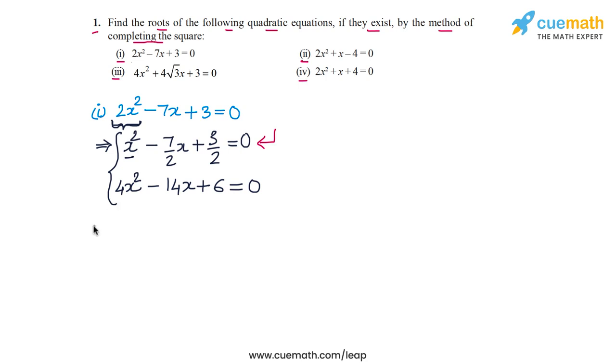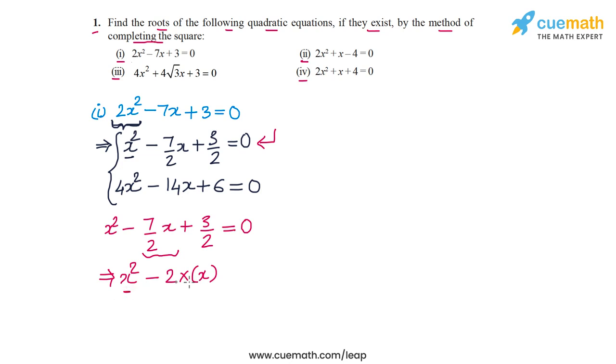So the equation now is x square minus 7 by 2x plus 3 by 2 equal to 0. We can write this as x square, so a square, minus 2ab. I will try to write minus 7 by 2x as minus 2ab. So minus 2 times a, which is x, the first term.